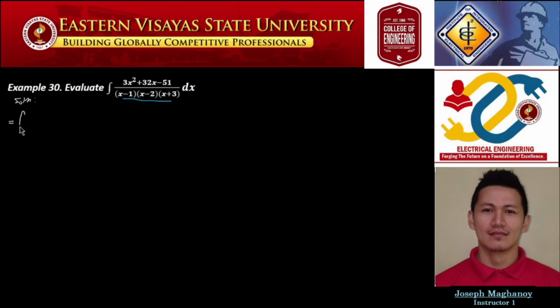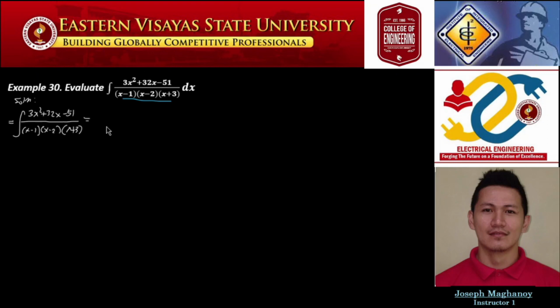The integral of 3x squared plus 32x minus 51 all over x minus 1, x minus 2, x plus 3. Observe that there are 3 quantities in your denominator, so there are 3 partial fractions.